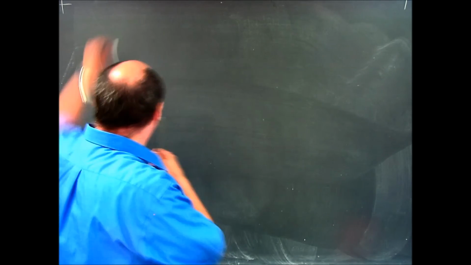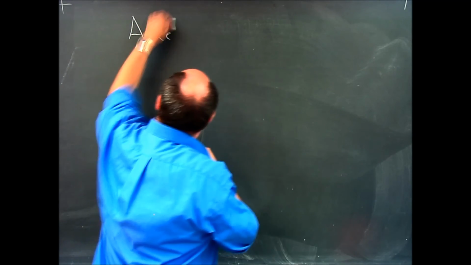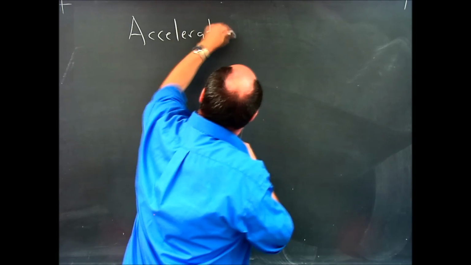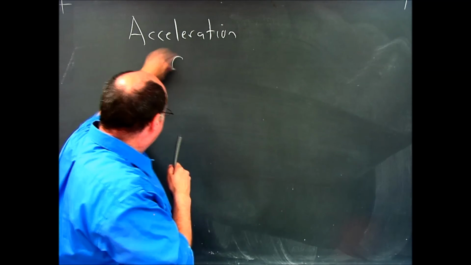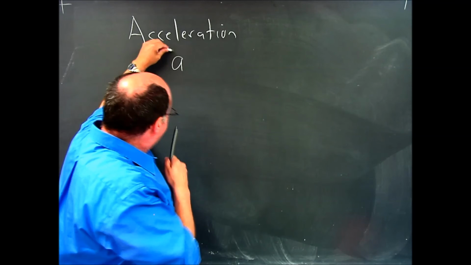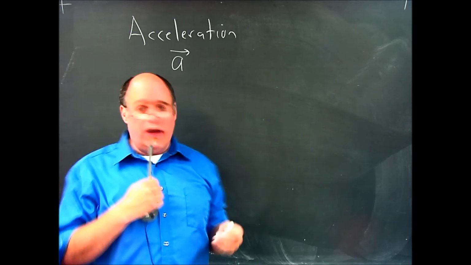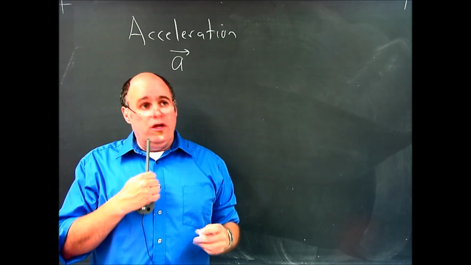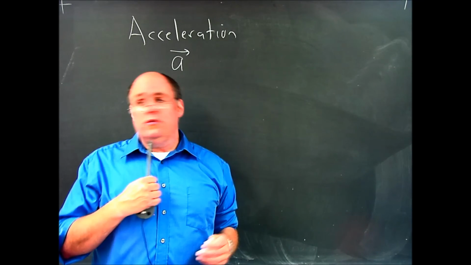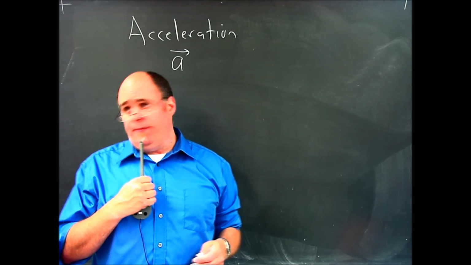Chapter 2, Section 4 talks about something called acceleration. Well, acceleration gets a symbol, small letter a. It's a vector. It has a direction. You can accelerate forward. That's when we say our car is accelerating. You can accelerate backwards. When you slam on the brakes, you would say your car is decelerating.